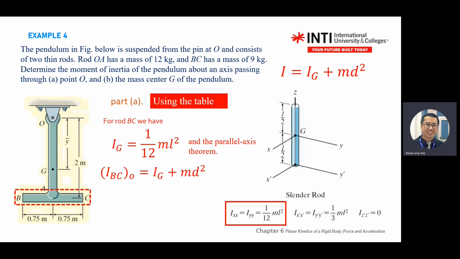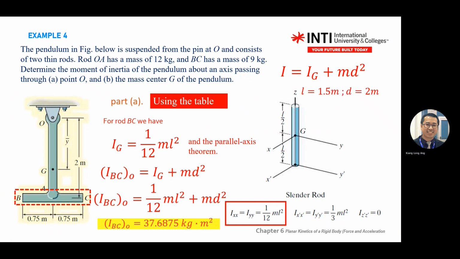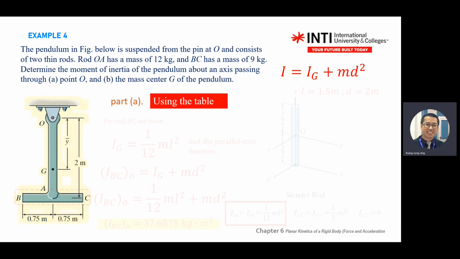So here, you substitute for BG, and you get the answer. Again, what is D? Here to here. The first section asks you from O. So for BC, your D is from O to the center of the rod. The answer is 2 here. Makes sense.